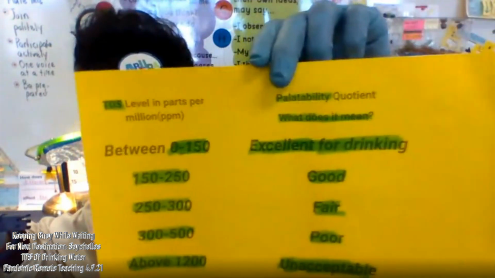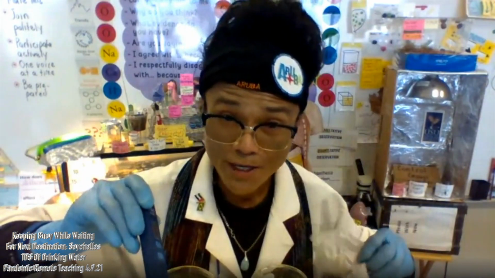So, according to this chart, excellent for drinking. So, if you are particular, which I would love you to be with the water that you drink, get it from the bottled water.